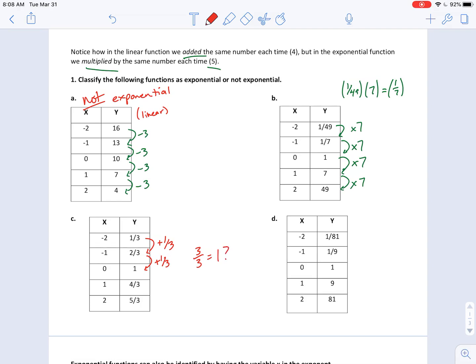Let's see, does that work? 2/3 plus 1/3 is 3/3. 3/3, is that equal to 1? Yep, so feeling good about that. Plus 1/3, so 3/3 plus 1/3 is 4/3, plus 1/3 is 5/3.